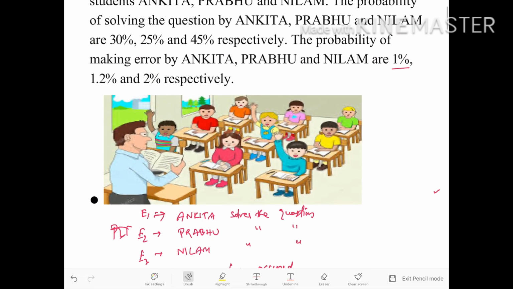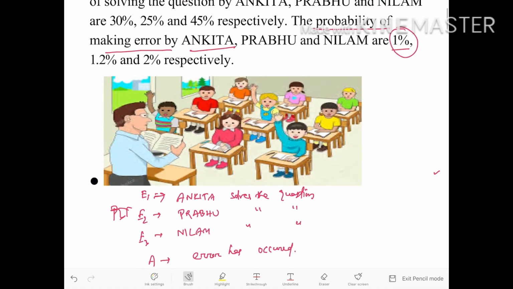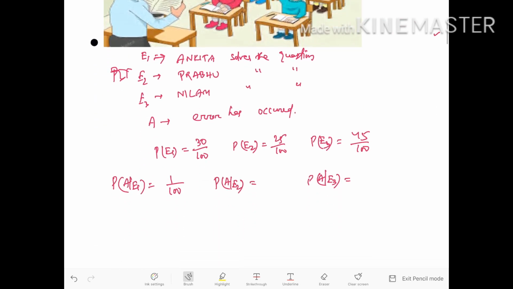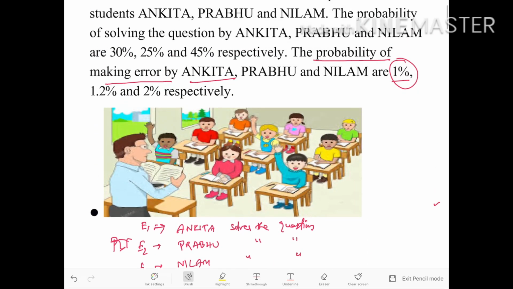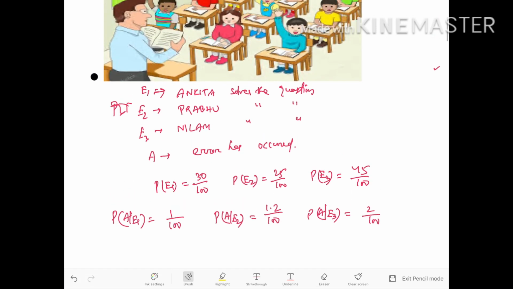It is given that the probability of making an error by Ankita is 1%, meaning the probability of A given E1 is 1 by 100. Again, the probability of making an error by Prabhu is 1.2%, so it is 1.2 by 100. Similarly, the probability of making an error by Neelam is 2%, so it will be 2 by 100.